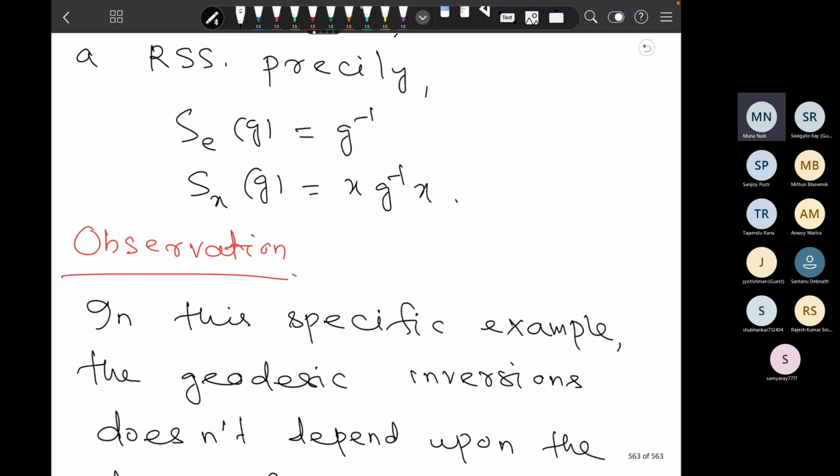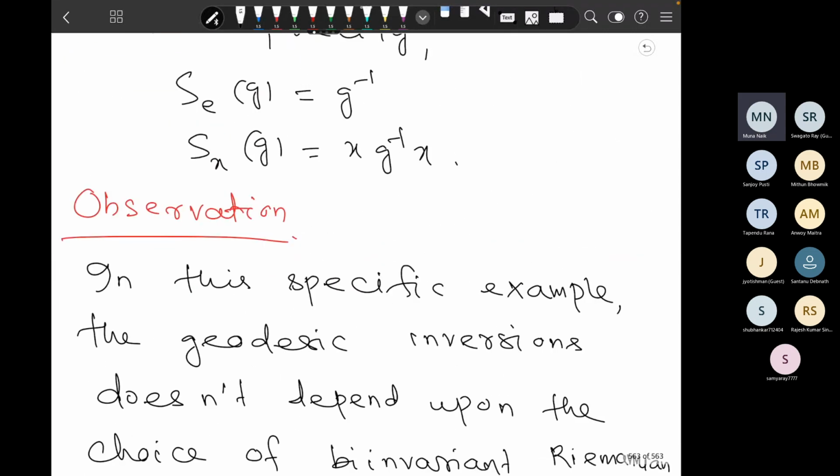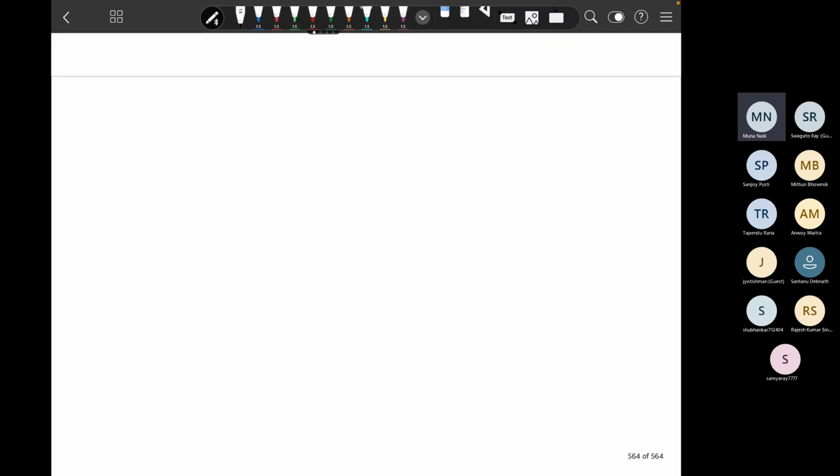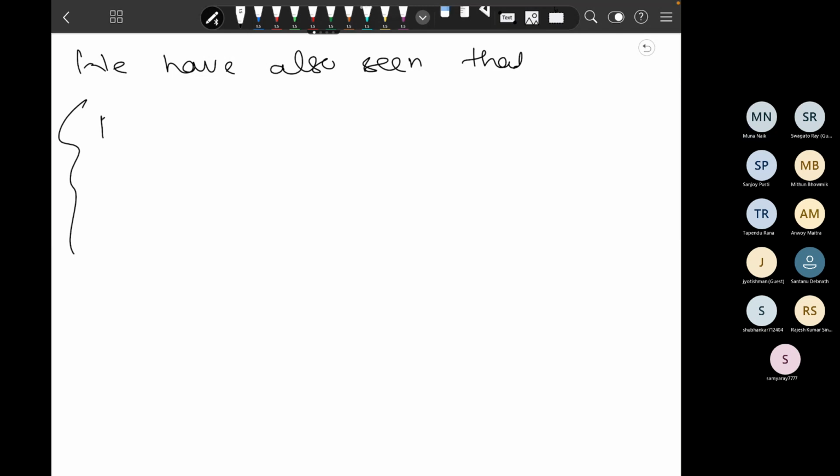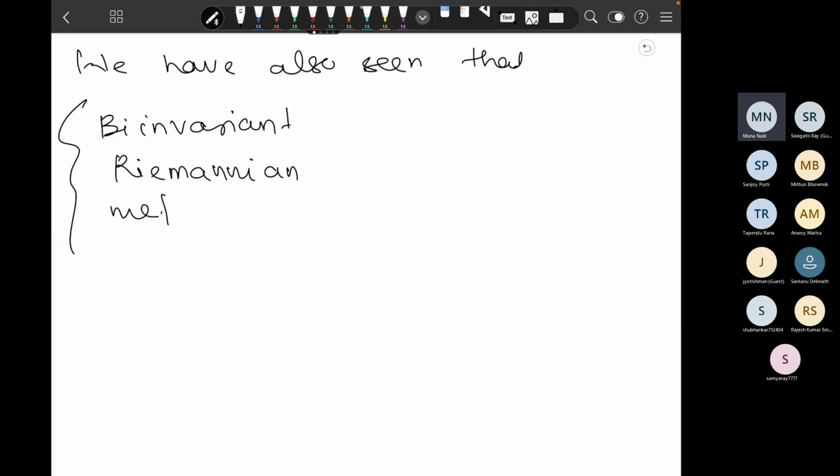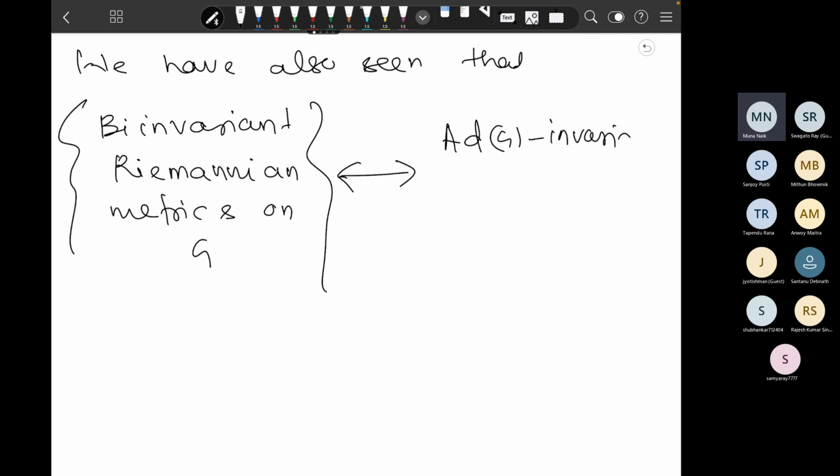So this is the thing. Now what you do, and we have also seen that this really is a bi-invariant Riemannian metric on G. So a bi-invariant Riemannian metric on G is really in one-to-one correspondence with Ad(G)-invariant inner products on G, the Lie algebra.